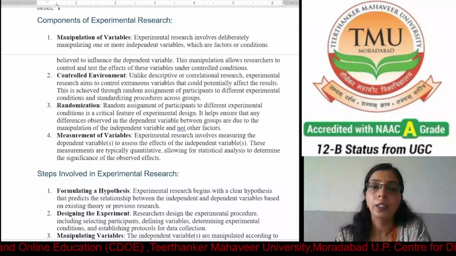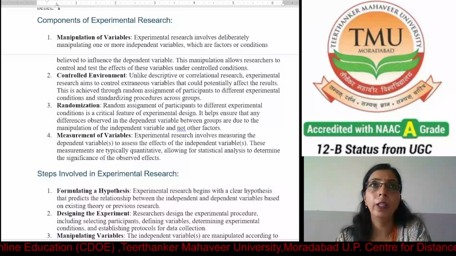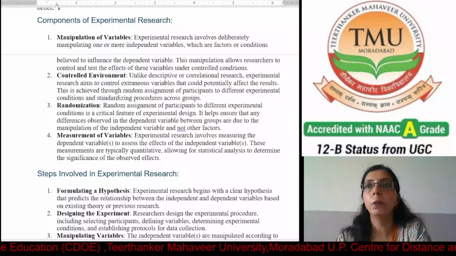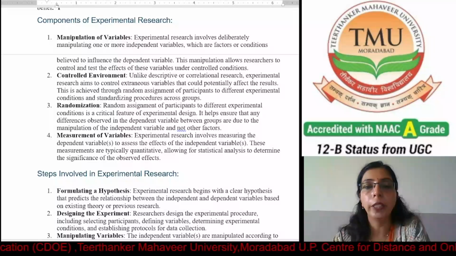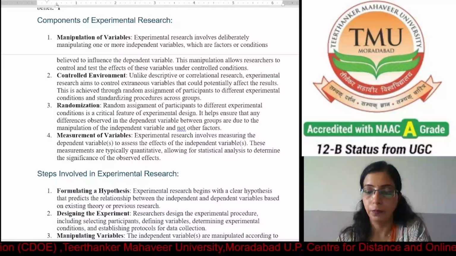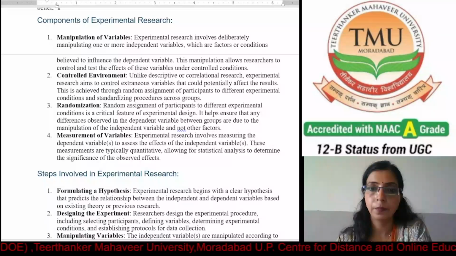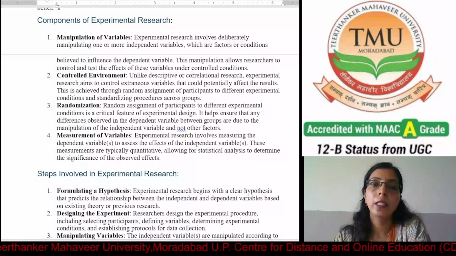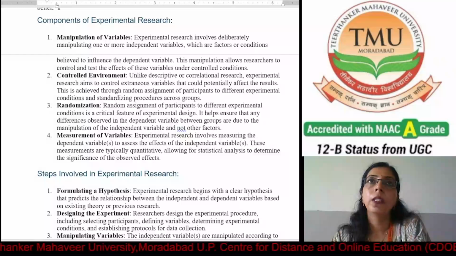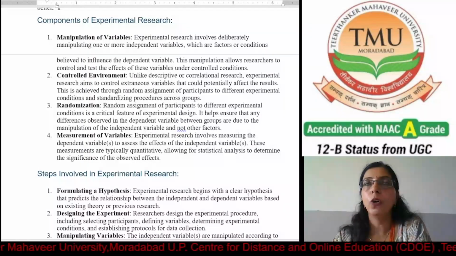And the researcher may attribute this shift in score to the treatment. What treatment? The special program which was conducted for the students. So we will understand this on the basis of error variance, whether the conclusion which the researcher has drawn is right or not.